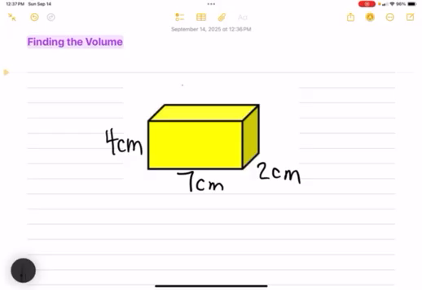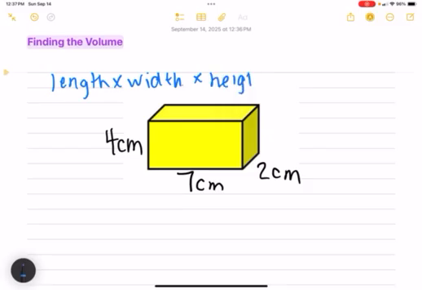But today we're going to look at the volume of this figure using the volume formula, which is the length times the width times the height.